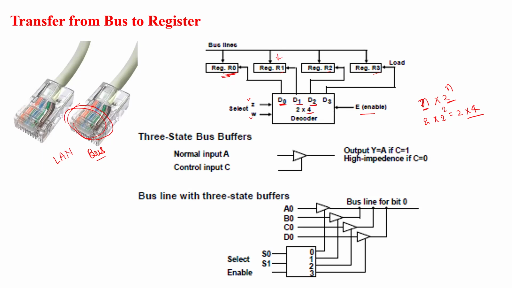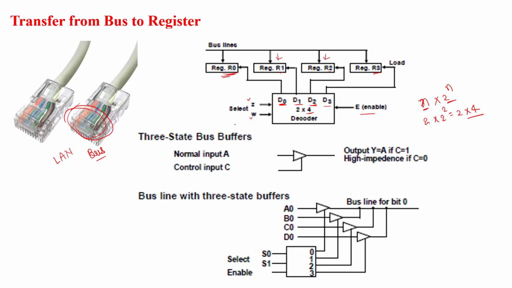When D2 is the output, register R2 will be enabled and loaded. When we have output D3, register R3 will be loaded if information is available on the bus. So which register is going to be loaded is controlled by the output of the decoder.